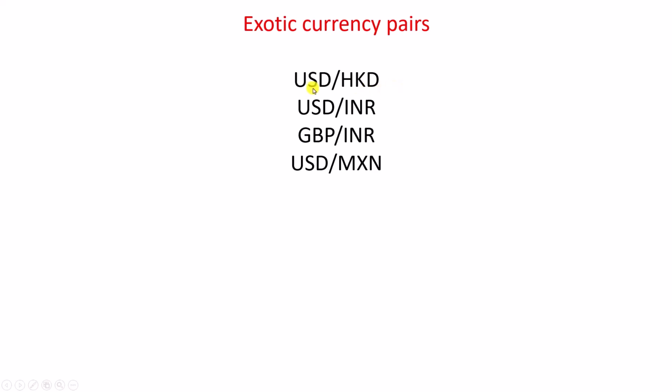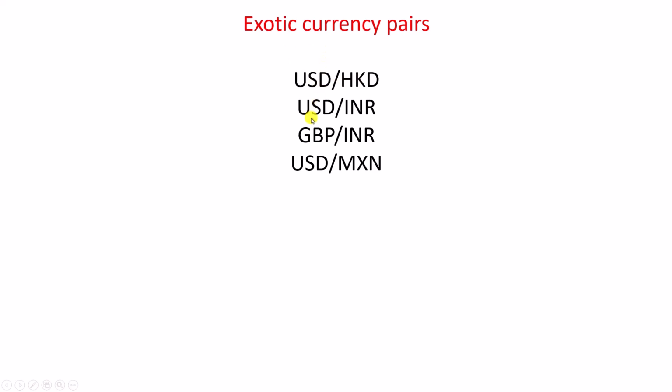So here we have USD, which is a major currency, along with the currency of a developing country. HKD is the Hong Kong dollar. So this country is considered a developing country and so this pair is called an exotic currency pair.